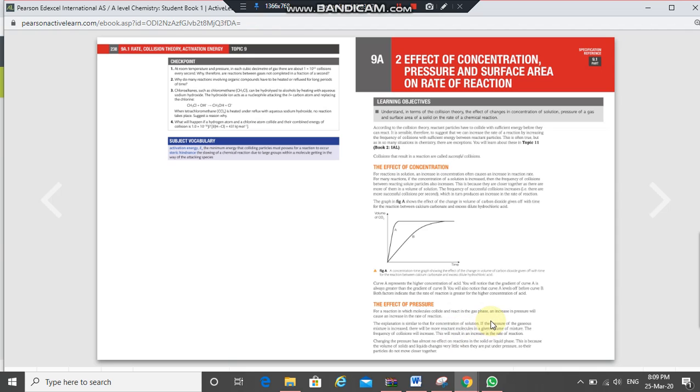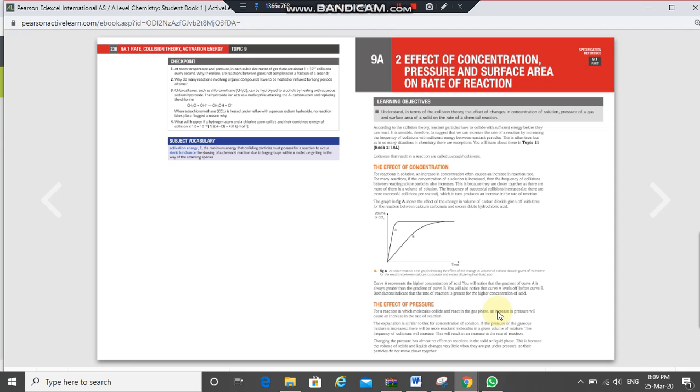Because increasing or decreasing the pressure on a liquid or solid will not make the particles move much beside each other, because we don't have the compressibility characteristic in the liquid or in the solid state. So only in the gaseous state can we see the effect of increasing pressure.